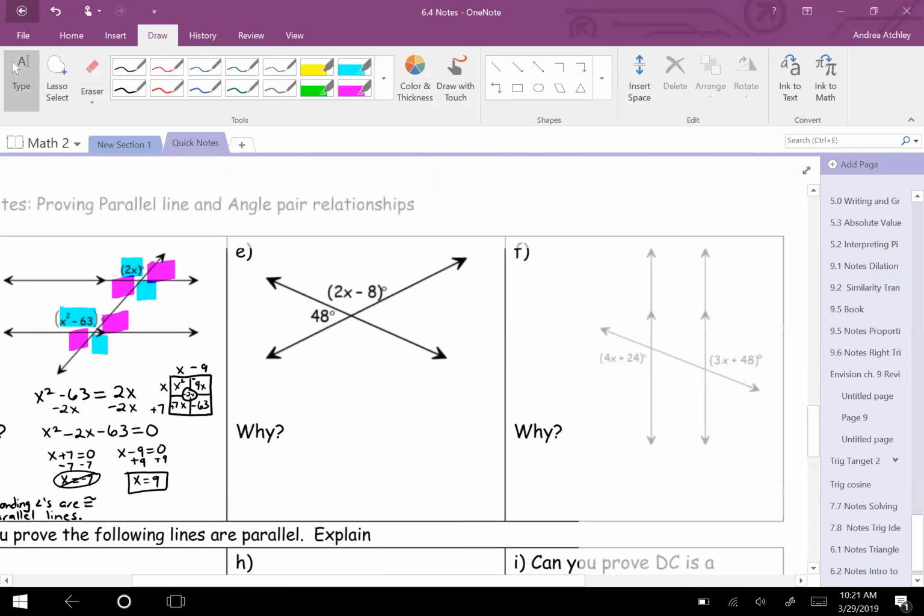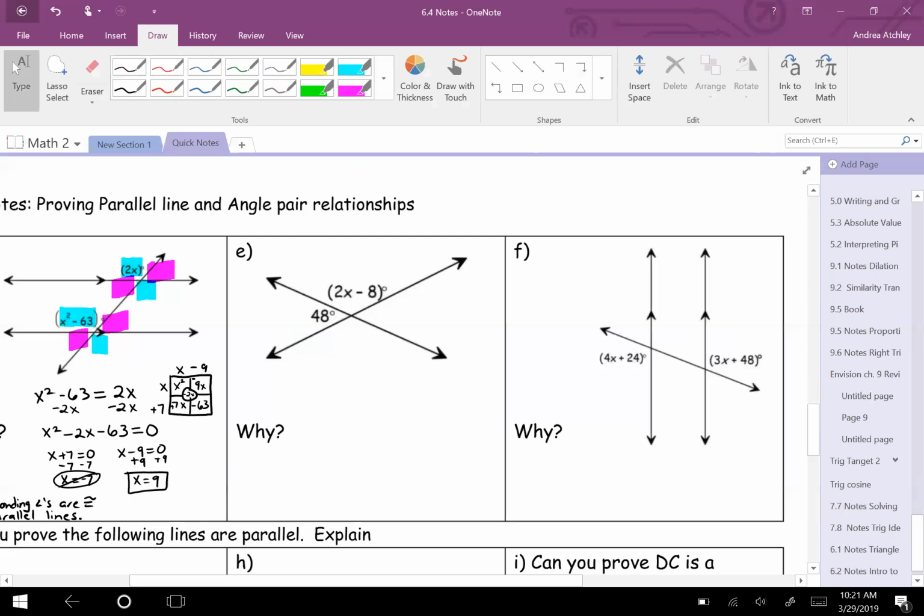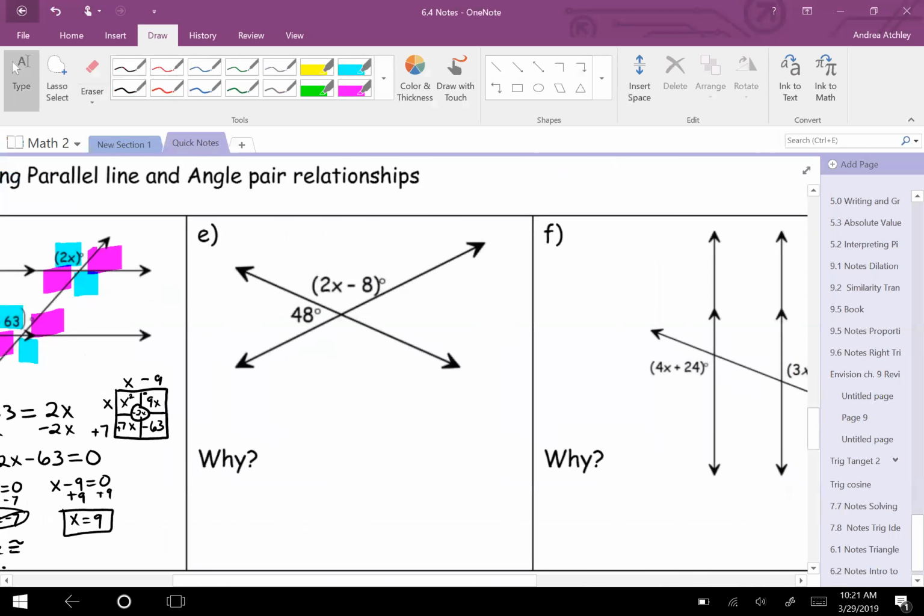Okay, E, I want you guys to do E. Set up your equation. Okay, Toby, how did you set up the first one, E?